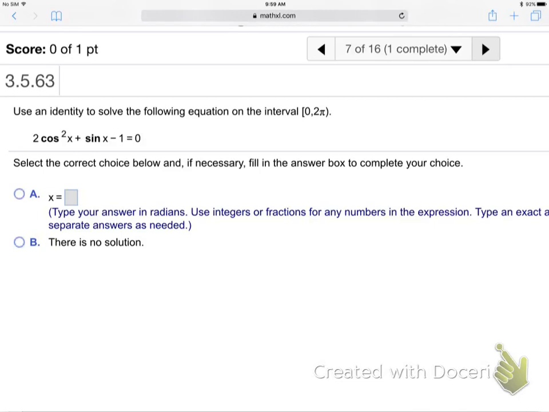Okay, so 2 cosine squared plus sine equals -1. Yeah, this is where we start seeing why I'm saying this is the hardest section in the course. We're at about the back half of the hard ones, and this is where they'll start picking up. So you can't have a mix of cosine and sine like that.